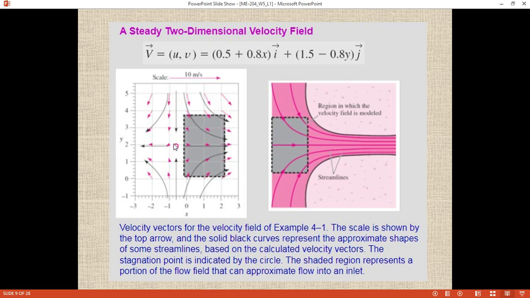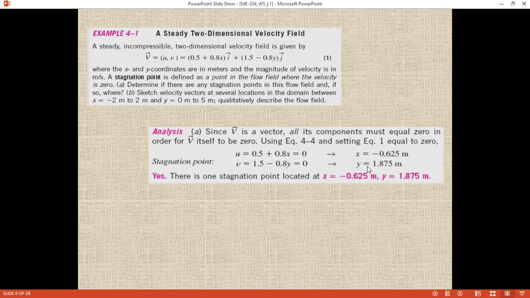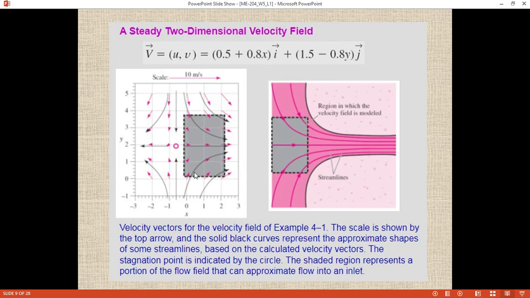So this is the stagnation point where x equals minus 0.625 and y equals 1 point something, which is indicated with the circle that we calculated here. The shaded region represents a portion of the flow field that can approximate flow into an inlet.